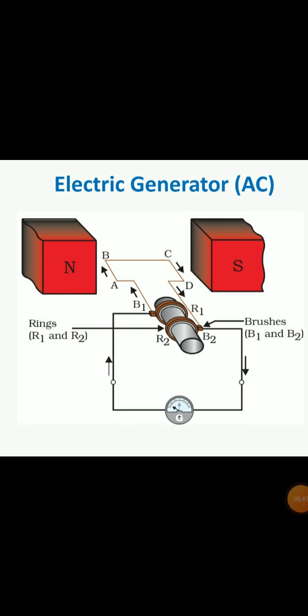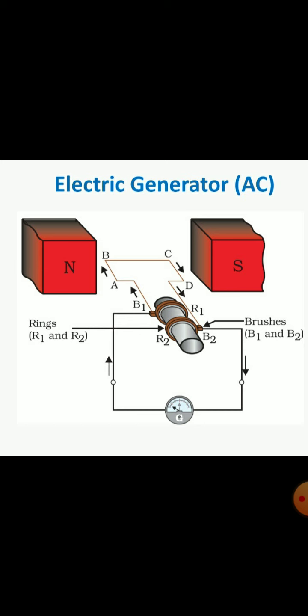So the axle will be mechanically rotated from outside, and as a result the coil inside the magnetic field will also rotate.